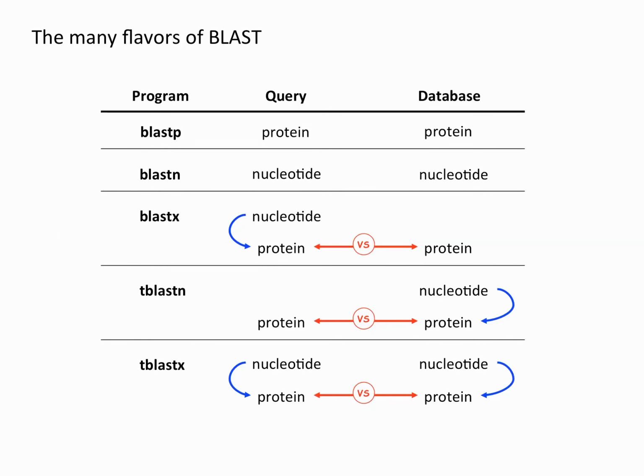Here is a summary of the basic types of BLAST. We could search a protein database using a protein query. We could search a nucleotide database using a nucleotide query. We could search a protein database using a translated nucleotide query.